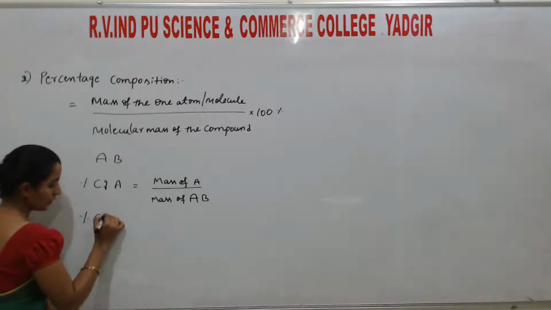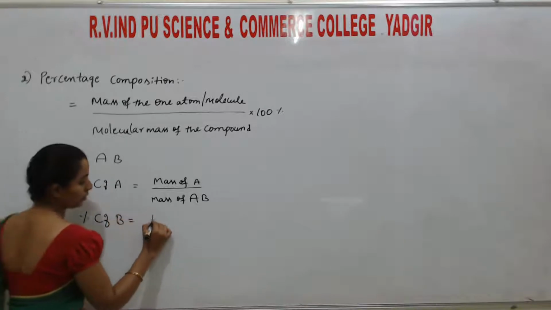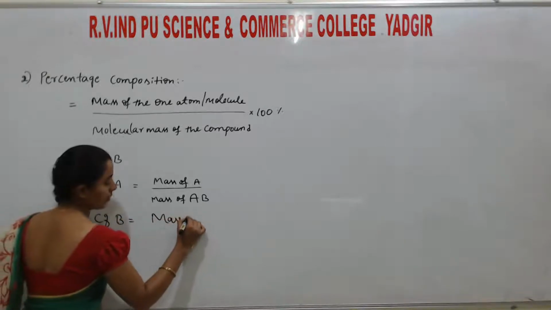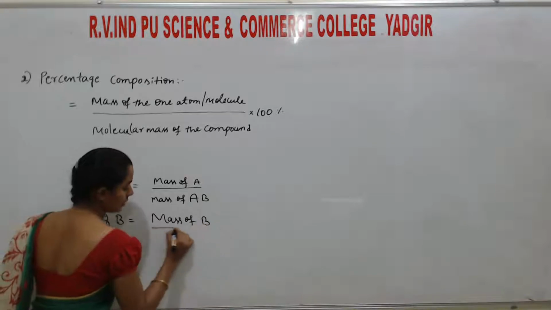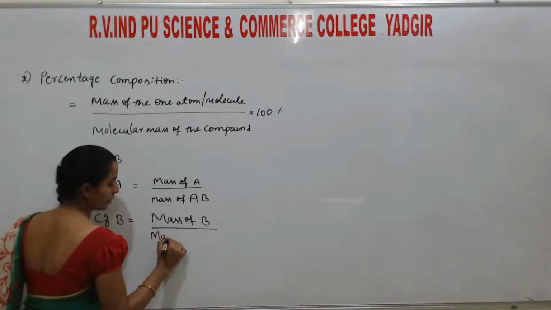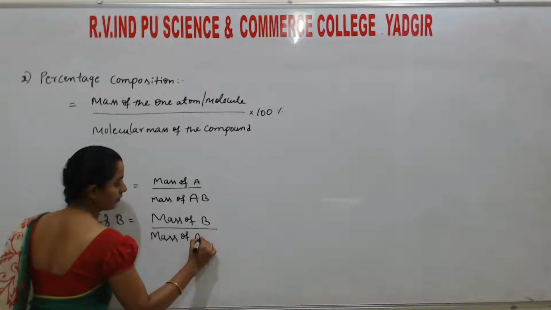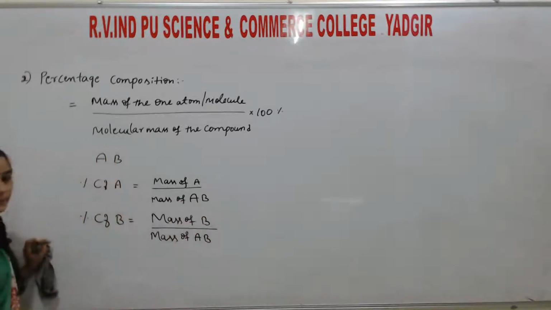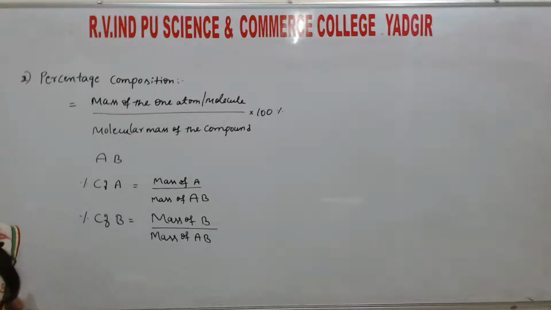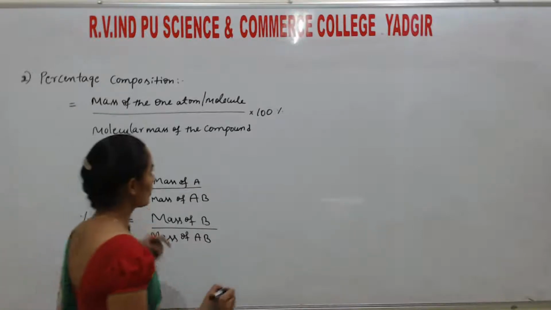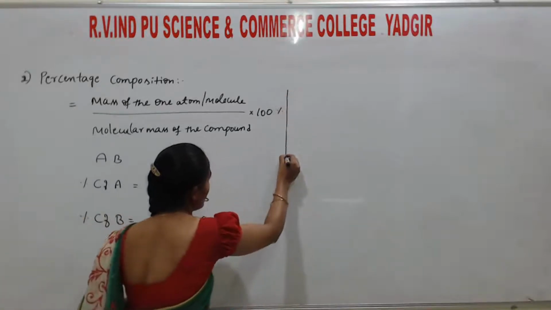Percentage composition of B is equal to mass of B divided by mass of AB. So this is the formula. Based on this we are going to calculate many problems. Always we have to compare that the total percentage is equal to 100. Students, we will discuss the percentage composition of each element one by one.